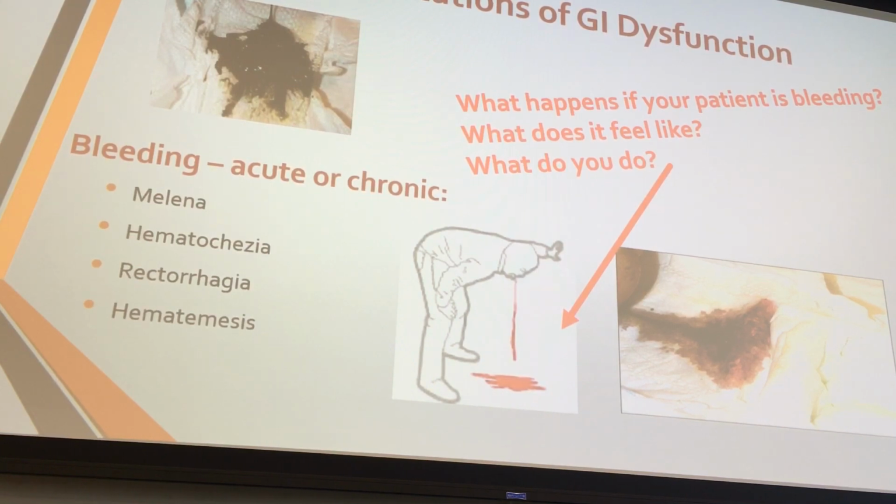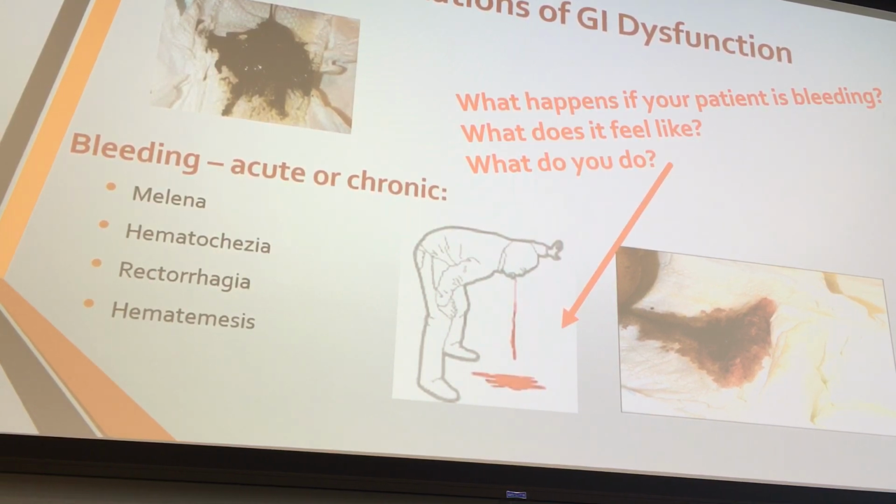So rectorrhagia is any blood that passes through the anus, and hematochezia is fresh blood that comes from the colon. Rectorrhagia is just blood, like no stool. Yes, I probably should have said that. I'm struggling saying the words, that's my hard part.